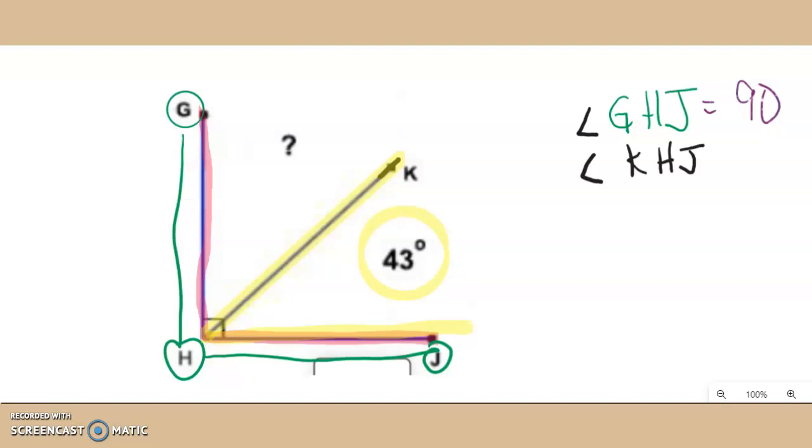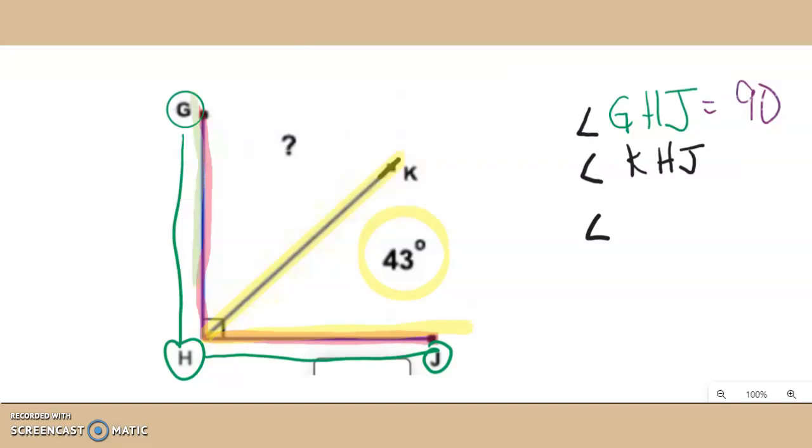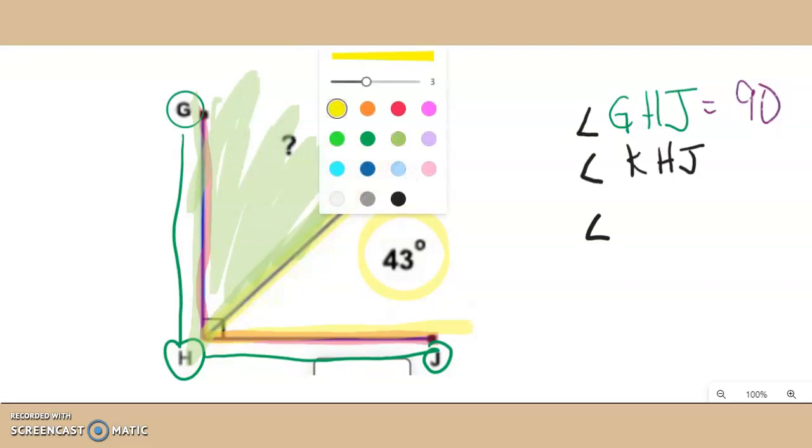Now, we have to find the inside angle of, and I'm going to use a different color. We're going to go G to H to K. So I'm looking at everything in here, and I looked at everything here already.